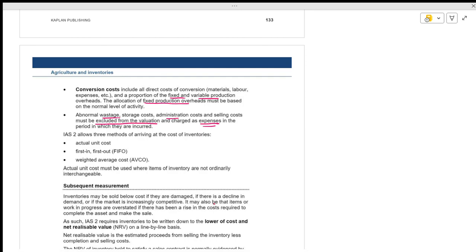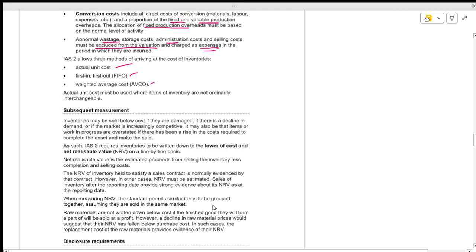There are three methods of arriving at the actual unit cost: you have FIFO, you have average. This happens from the costing point of view, with respect to the financial accounting cost.